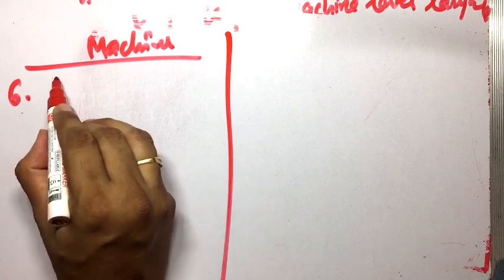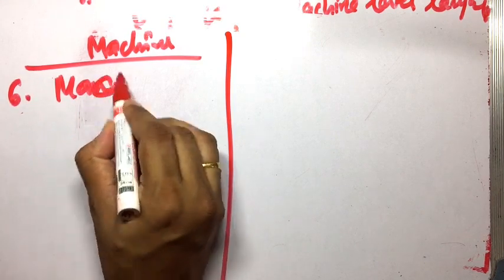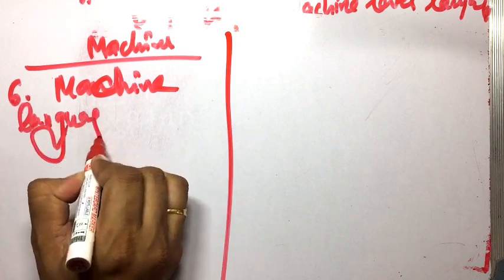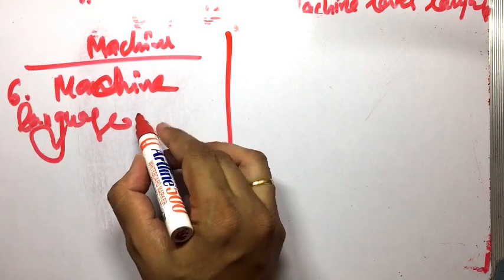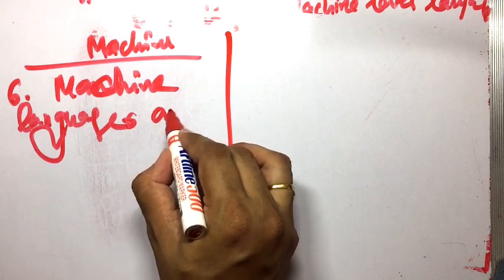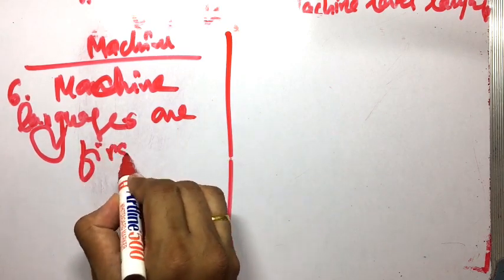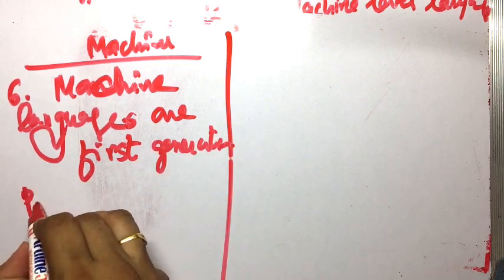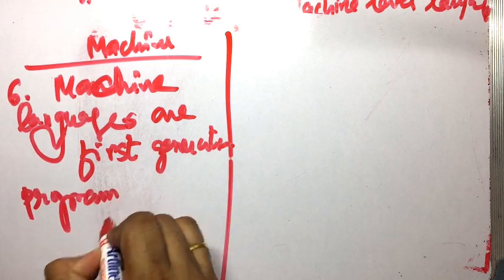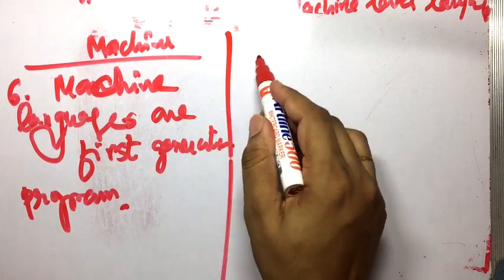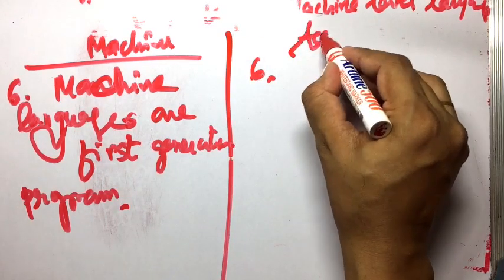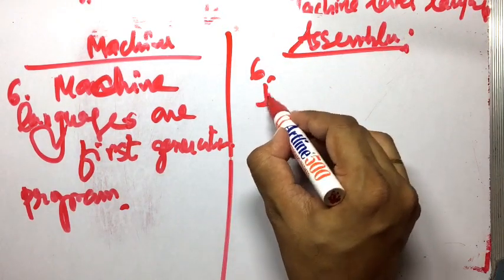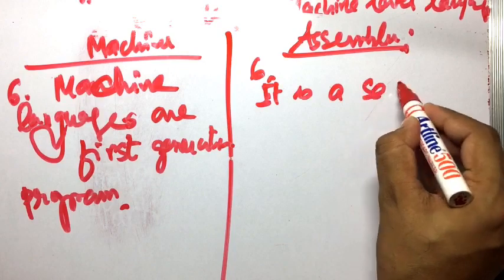Next, the sixth difference. Machine languages are first generation programs. And assembly language is a second generation program.